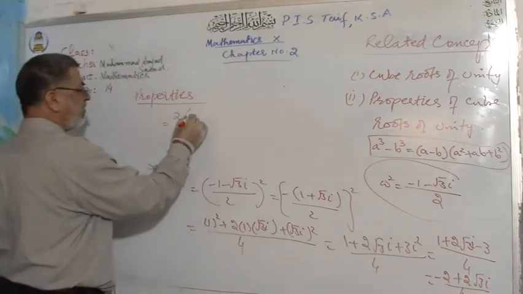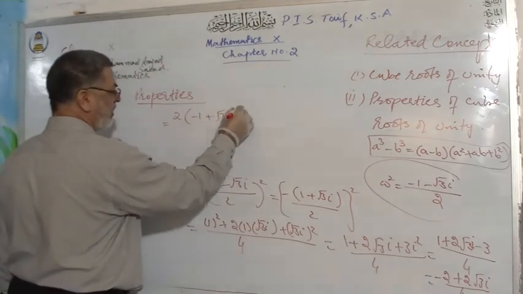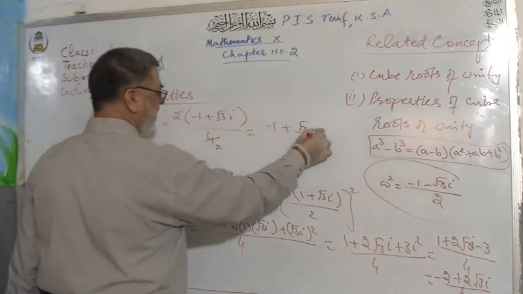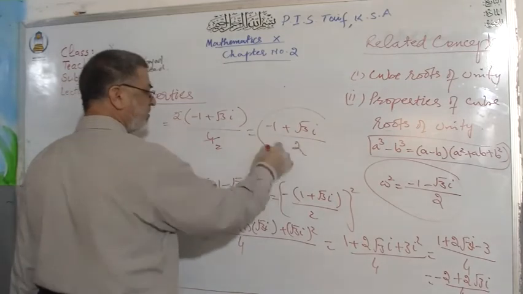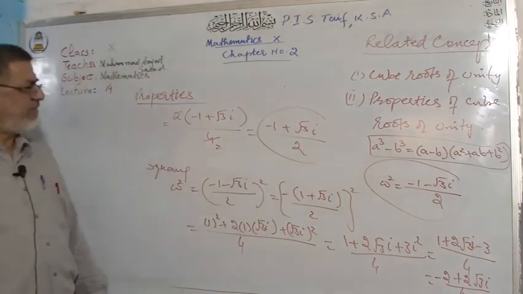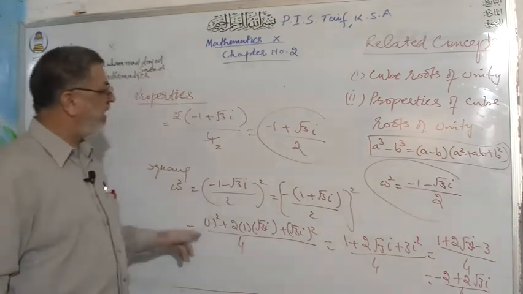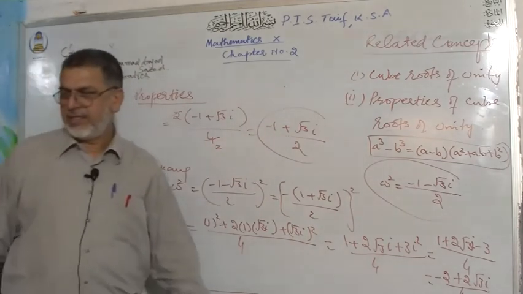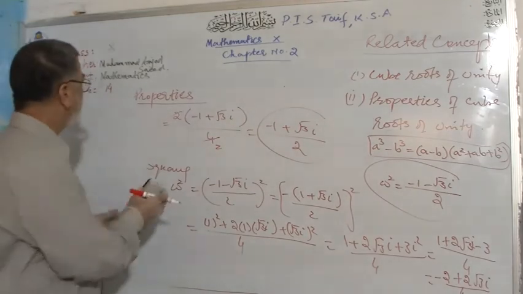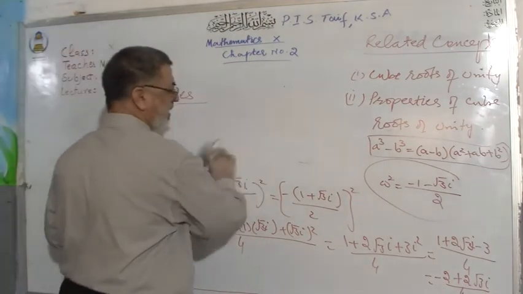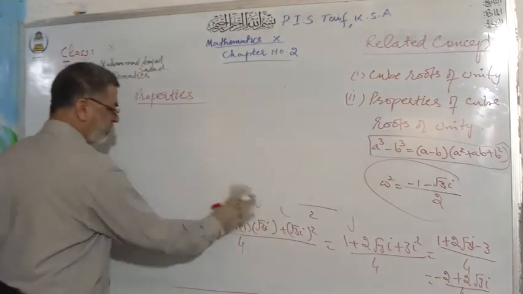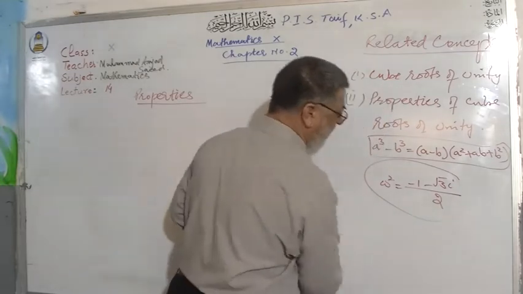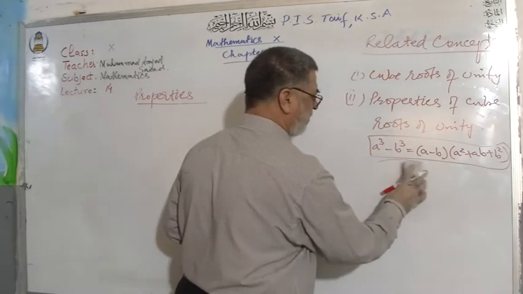Inside will be (-1 plus 3 under root iota) over 4. Cancel it: (-1 plus 3 under root iota) over 2. I have taken this as omega, and for omega square we got that with positive sign. So the statement was true that each complex root, meaning the root involving iota, is a square of the other.